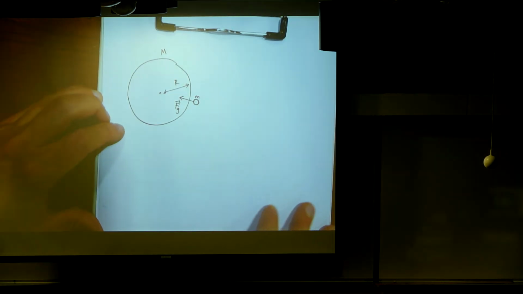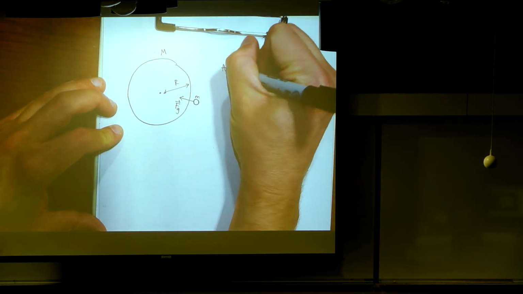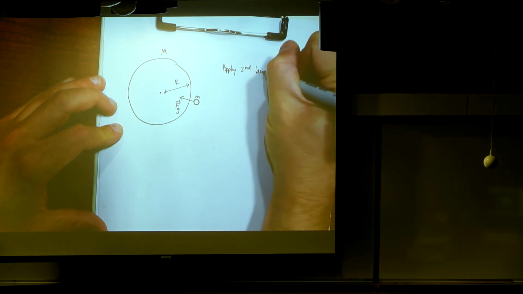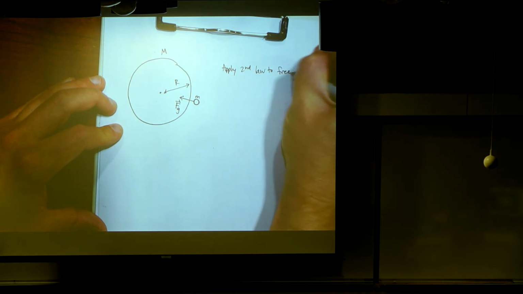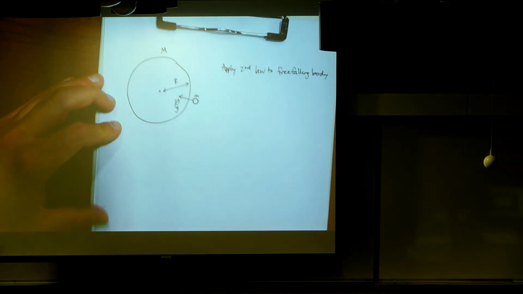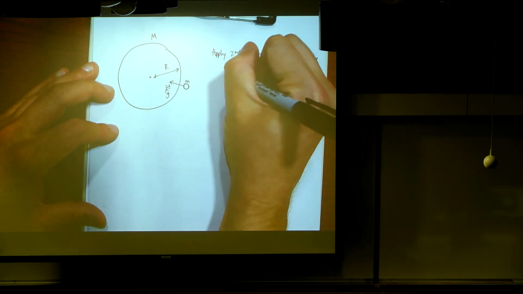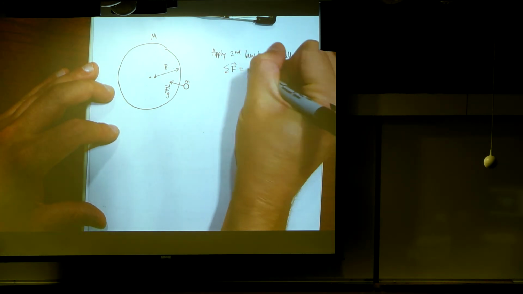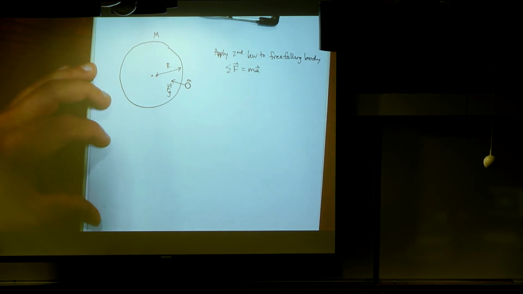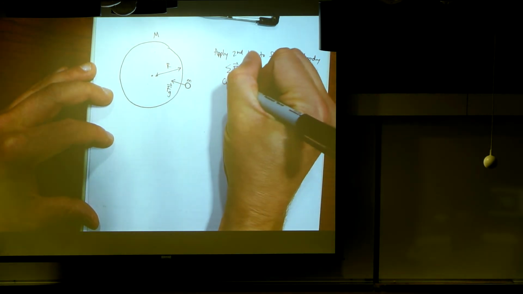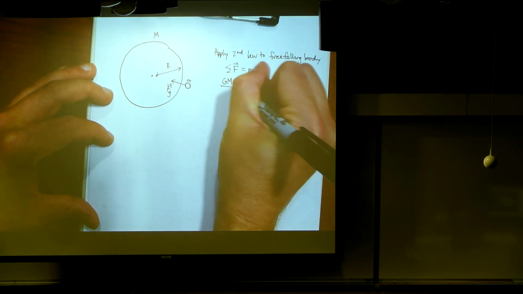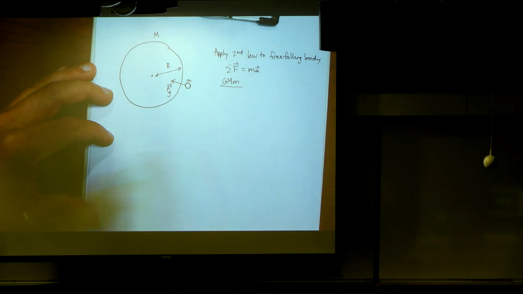So if we take that and apply Newton's second law to the free-falling body, here's what we'll get. That's just, again, F equals ma. I'm going to write it in the most generic way, F equals ma, where the force is big G, big M times little m divided by the distance squared.